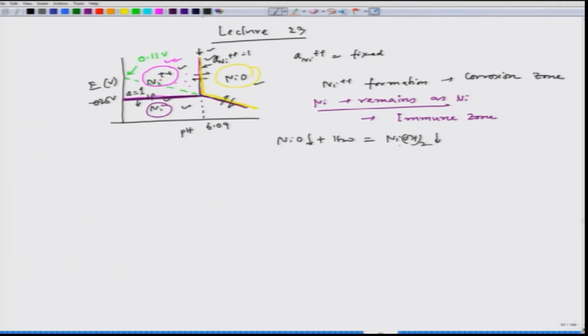When it settles down on the nickel substrate, we have a covering of the nickel surface.